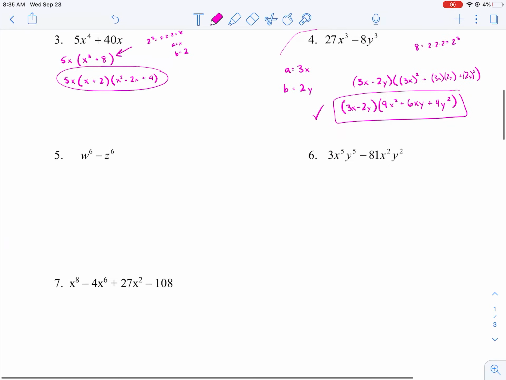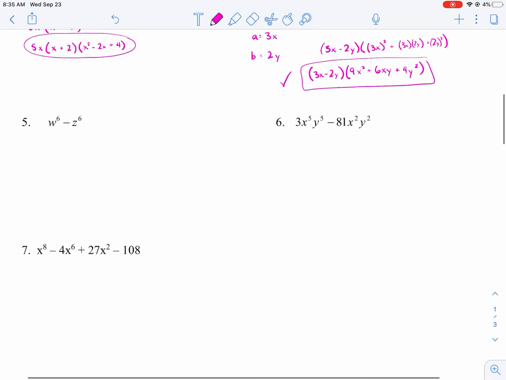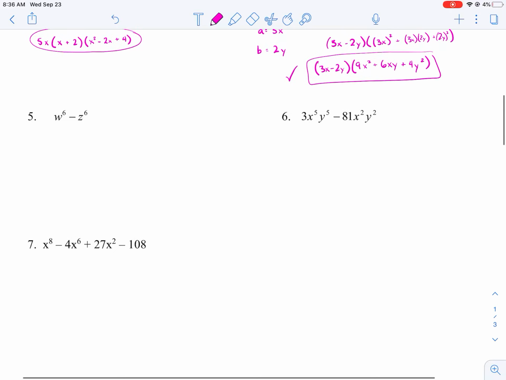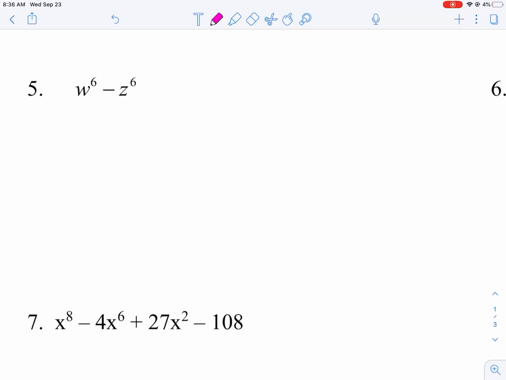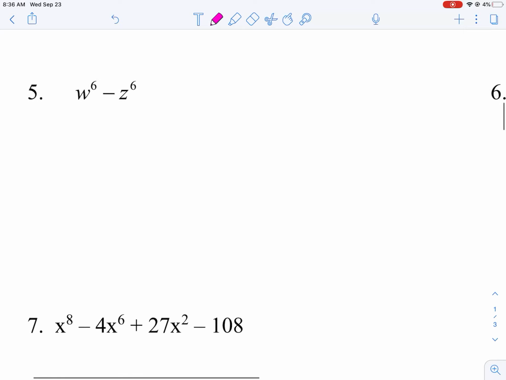We've got 3 more problems here. So this one here, you're probably thinking, they look like 6s, not 3s. That is true, but let's think about this for a second. W squared, cubed. If you remember your rules of exponents, a power raised to another power, so we've got w squared times w squared times w squared.